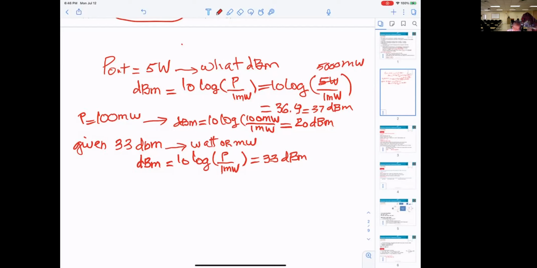Now, I want log only, of P over 1 milliwatt equal 33 divided by 10 equal 3.3.